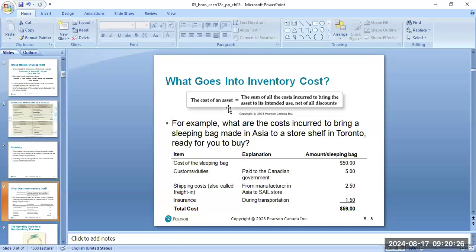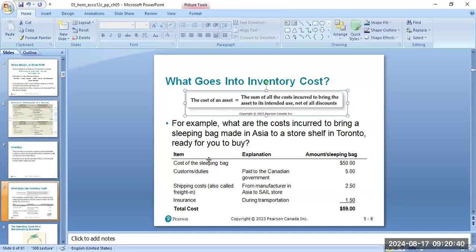For example, what is the cost incurred to bring a sleeping bag made in Asia to a store shelf in Toronto, ready for somebody to buy?